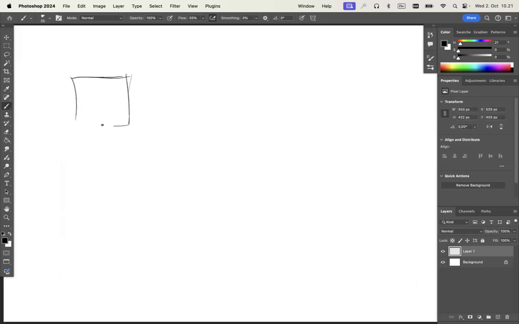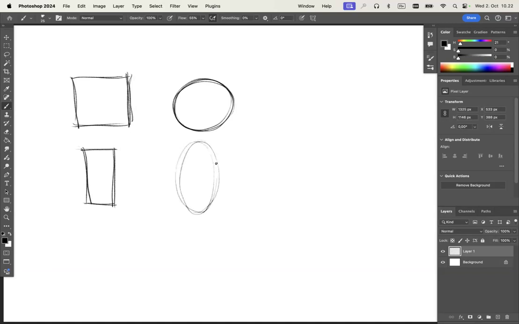So we have a square and all that goes with it, rectangles, in other words. Then we've got circles and other kinds of round shapes, ellipses. I think this is called an ellipse, isn't it? Yeah.